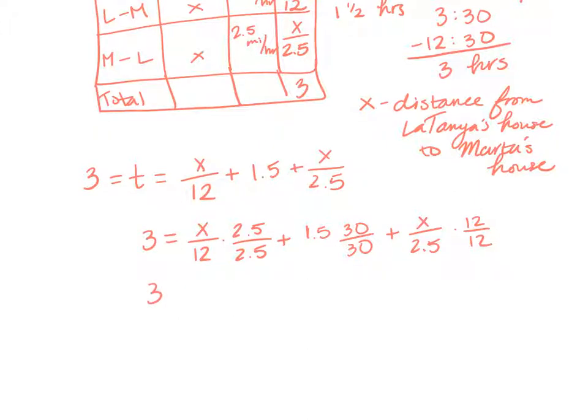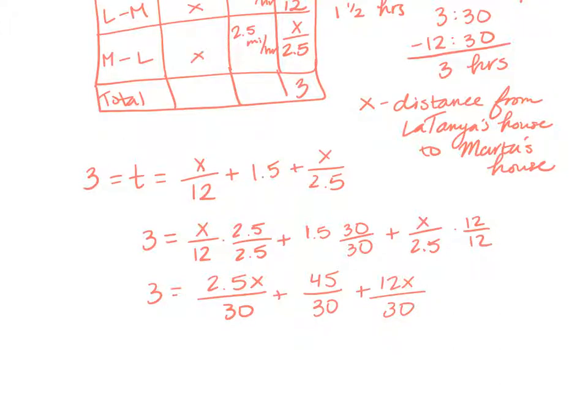Now I simplify. I end up with 2.5x over 30 plus 45 over 30 plus 12x over 30.